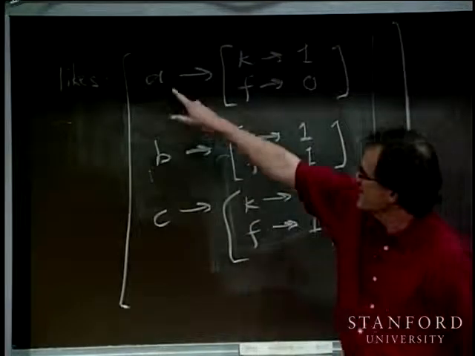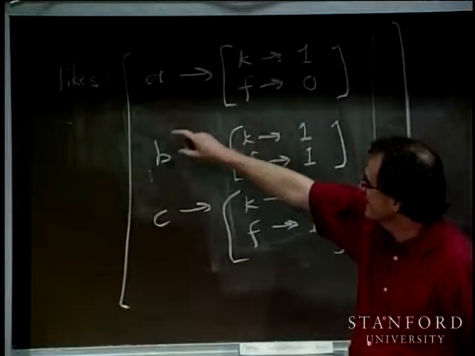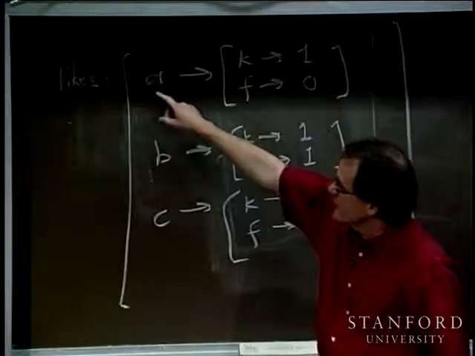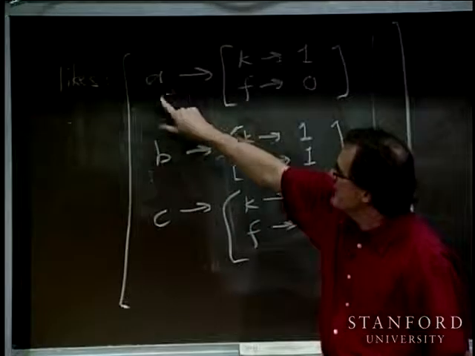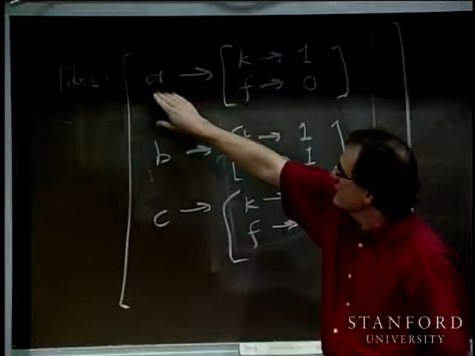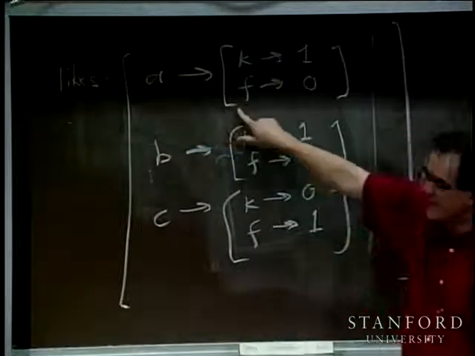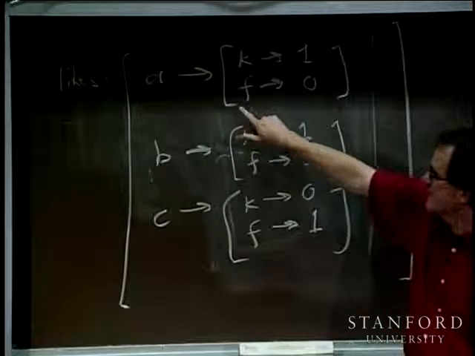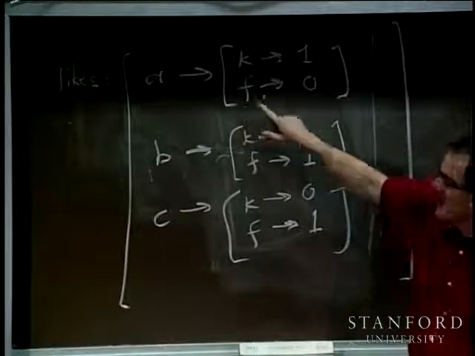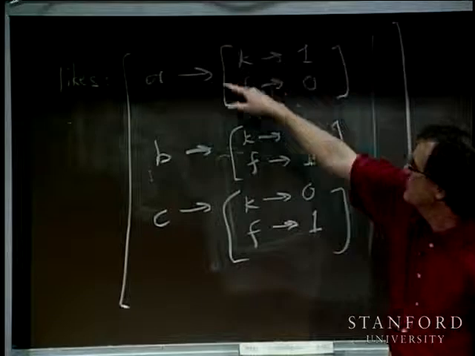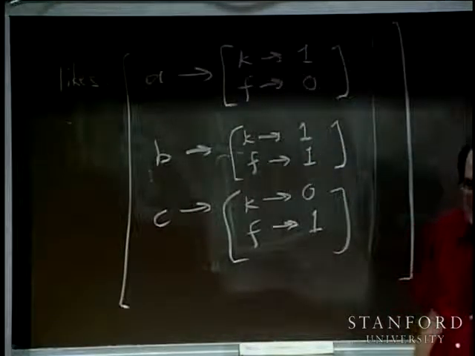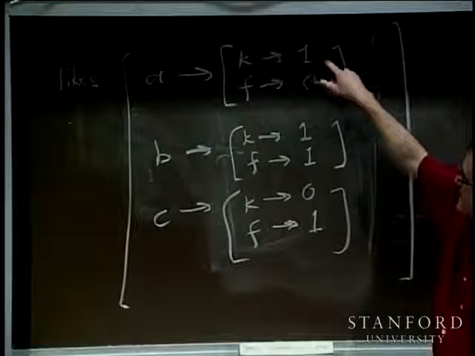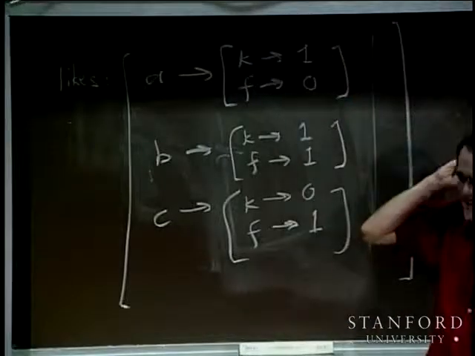So the first argument it takes is the object. So if you have the predicate likes and its object is A, then what's returned is a property, a function that takes a single individual argument and returns a Boolean. So this property here is the set of people that like object A. And so that set there is Kathy, as I've represented it here.